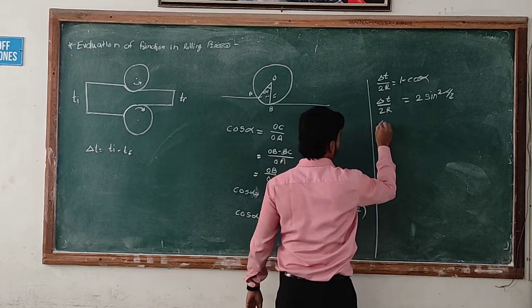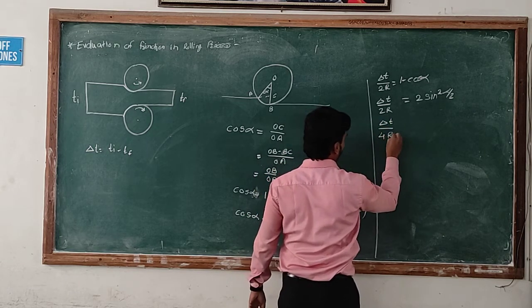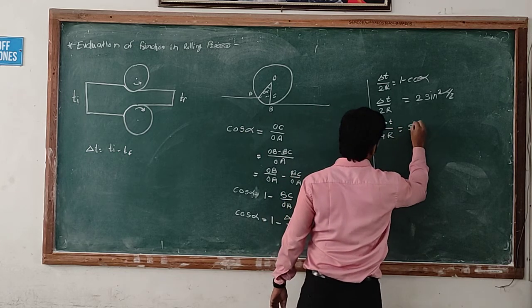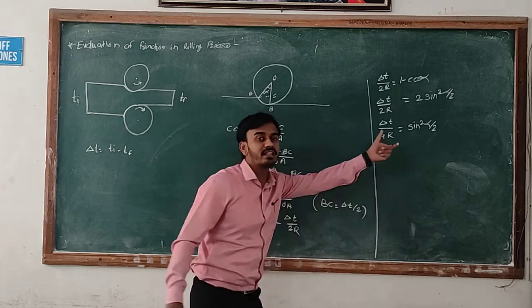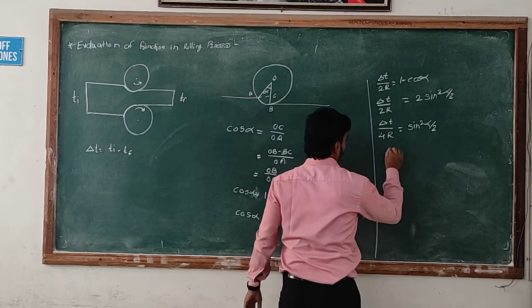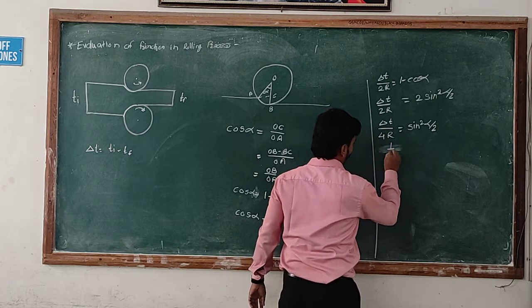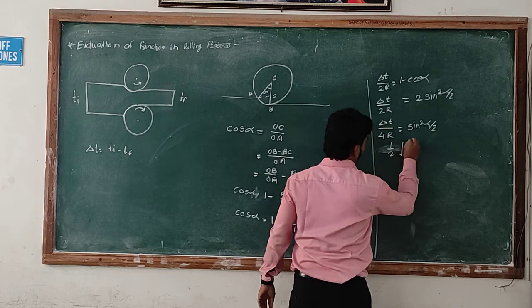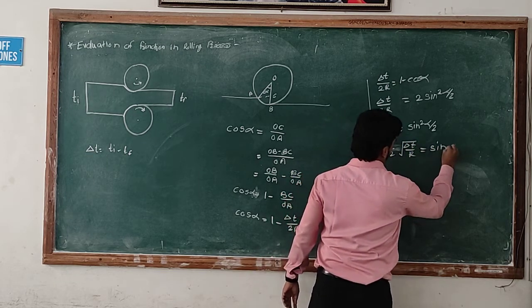If we simplify this, delta t upon 4r is equal to sine square of alpha by 2. If we take the square root on both sides, then 1/2 into square root of delta t upon r is equal to sine of alpha by 2.